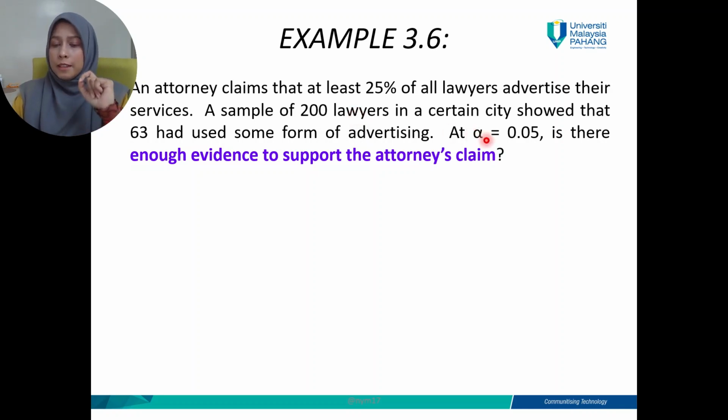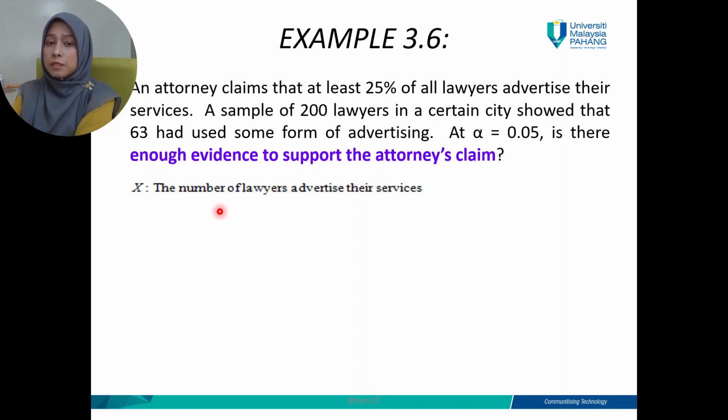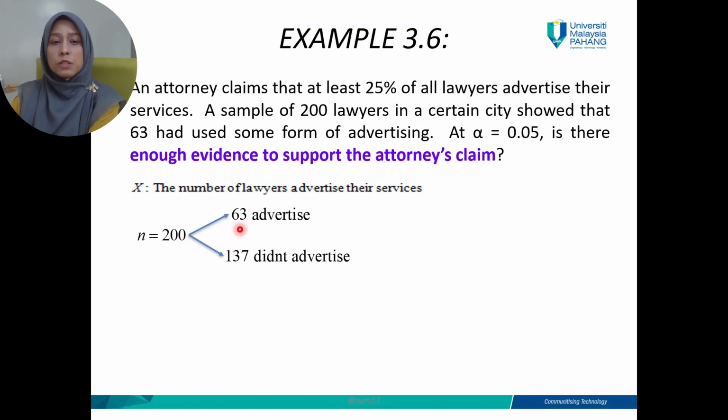At alpha 0.05, is there enough evidence to support the attorney's claim? For this question, the variable is the number of lawyers who advertise their services. You're given a sample of 200 lawyers in which 63 advertised and 137 didn't advertise. So here you need to show whether there is enough evidence to support the attorney's claim.